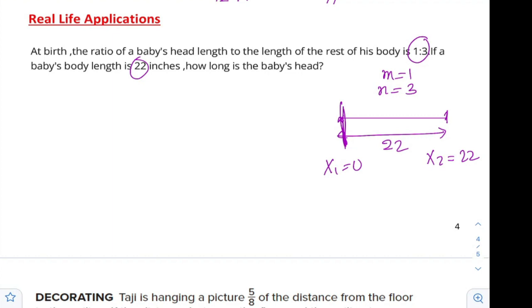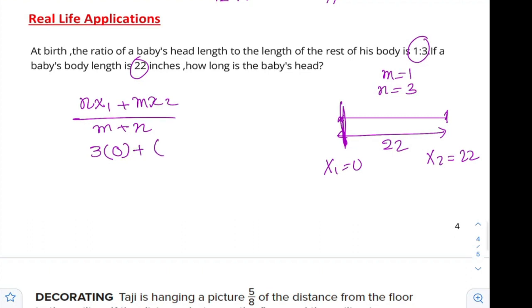How long is the baby's head? So we want now to apply the formula to find the length of the baby's head. Same thing, nx1 plus mx2 over m plus n. So 3 times 0 plus, m is 1 now, 1 times x2, which is 22, over, sorry, m plus n, which is 1 plus 3.